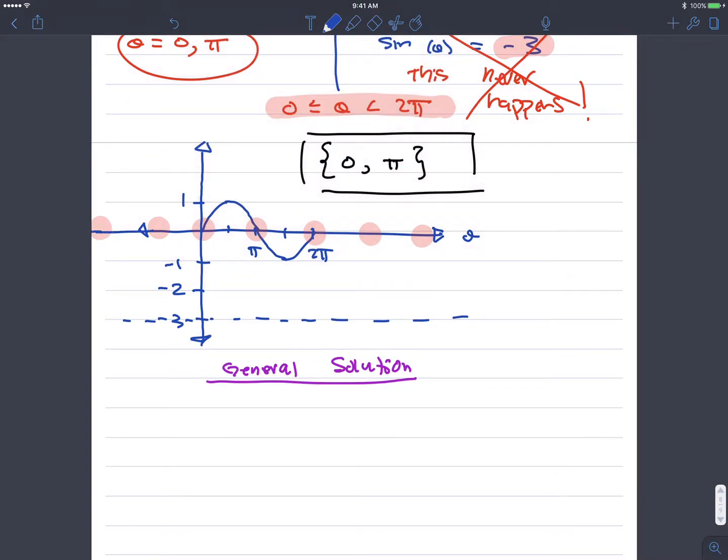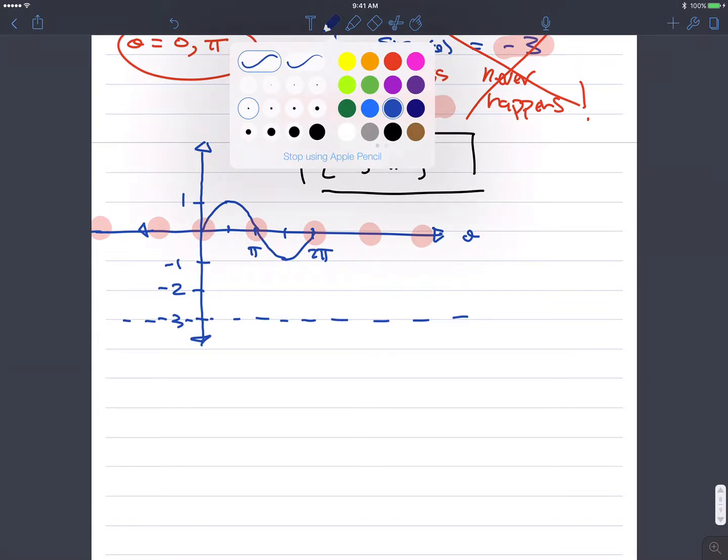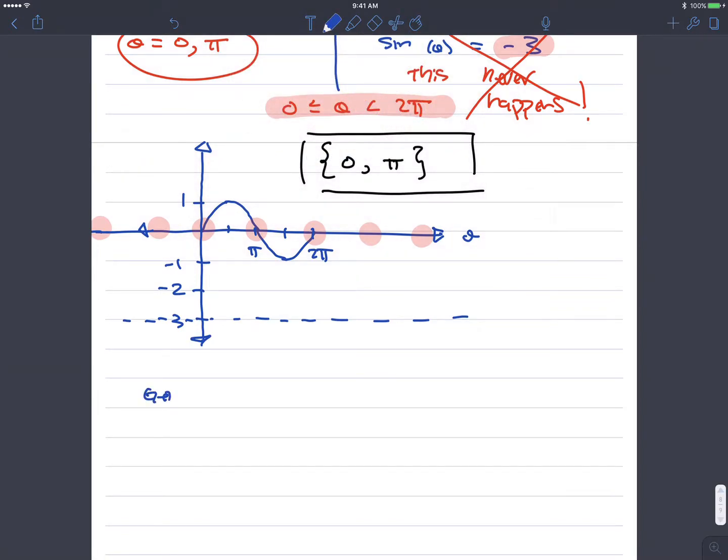General solution. Let's write it down here. Your general solution here, we'll change it back. Theta being what? N pi, n is a what? Integer. Is that true? N pi.